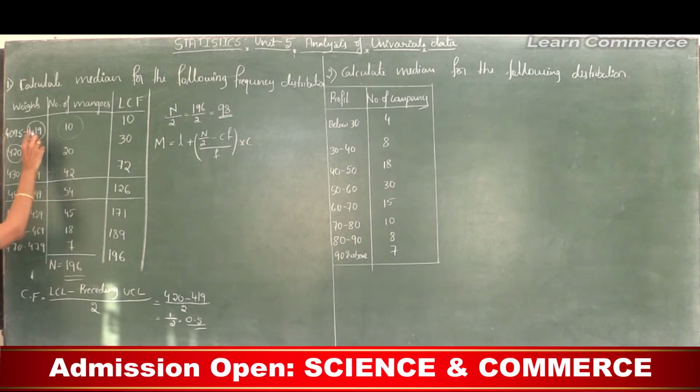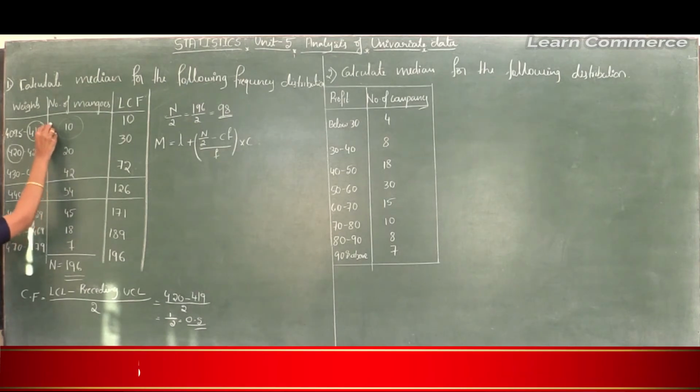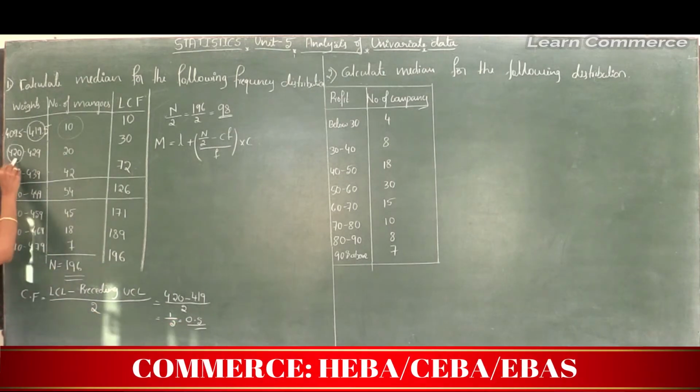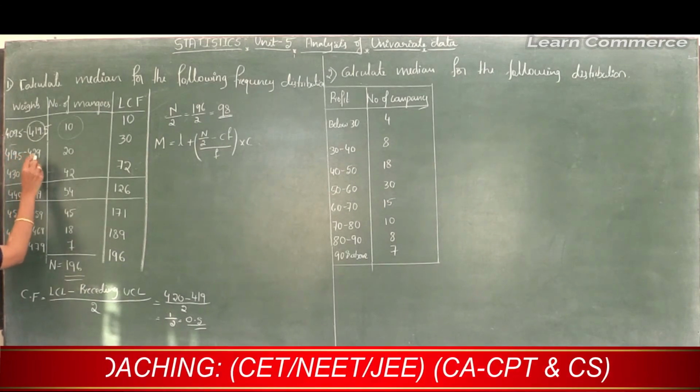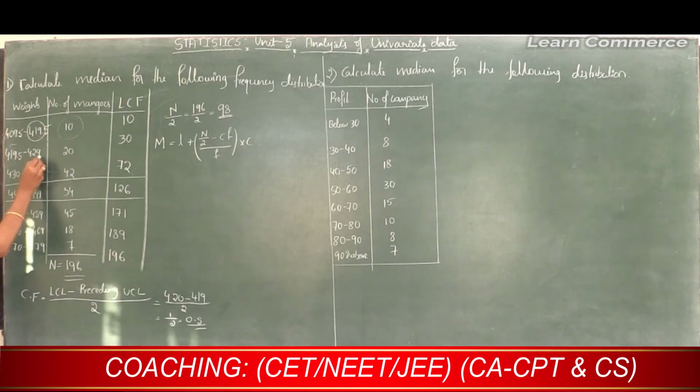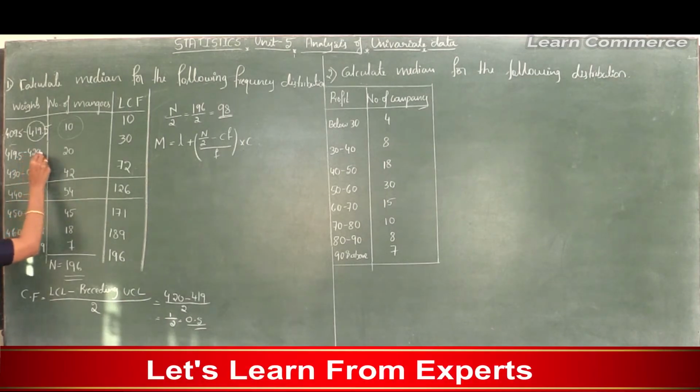For the upper class limit we need to add 0.5, so 419 plus 0.5 is 419.5. Next, 420 is the lower class limit, so we subtract 0.5: 420 minus 0.5 is 419.5. For the upper class limit we add 0.5, so 429 plus 0.5 is 429.5.